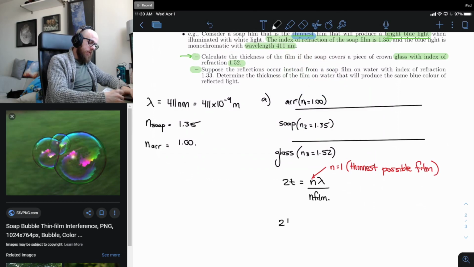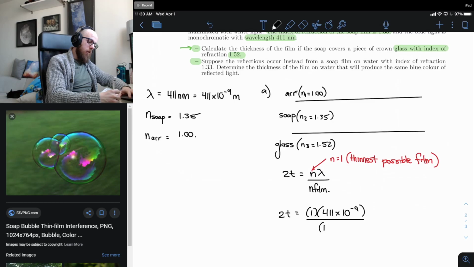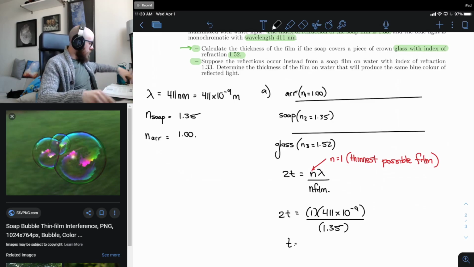So 2t is equal to n, which we're setting to be 1, times our wavelength, the wavelength of blue light, 411 nanometers, over our index of refraction for our film, that's our soap, 1.35. We can plug all these in and get a value for t.